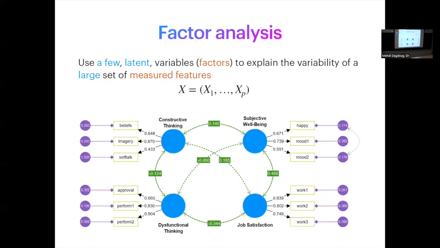A classical application is in sociology, where researchers design questionnaires that ask subjects, for instance, to give a score for their happiness, or to give a score for certain moods. These are things you can directly ask the subjects to answer. However, what the researchers are more interested in finding out is some latent summarized information about the subject, for instance, the subject's well-being. This you cannot directly measure.